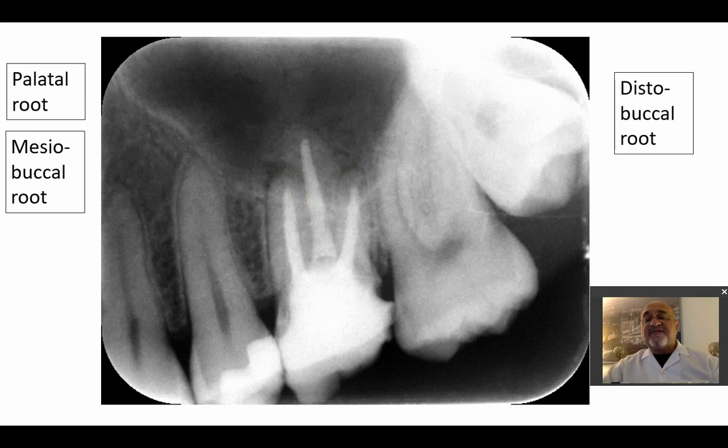What we do is follow the PDL, not the lamina dura, because the lamina dura tends to disappear by exposure factors, or by superimposition of structures, or by disease. But the PDL does not, especially if there is no periapical lesion that would affect the tooth and cause expansion of the PDL.